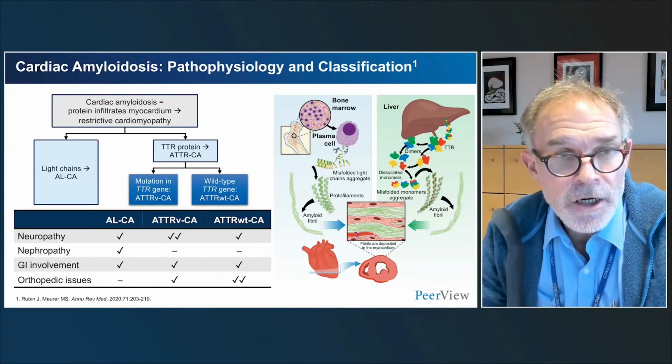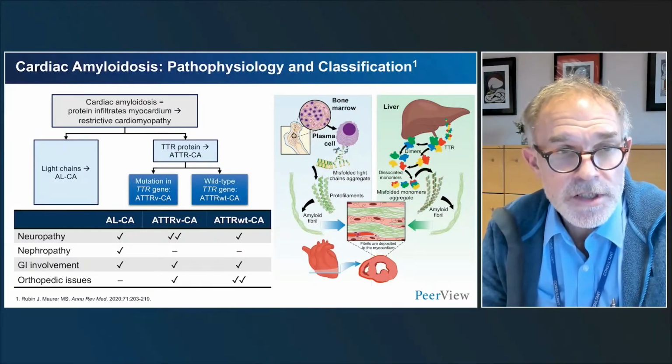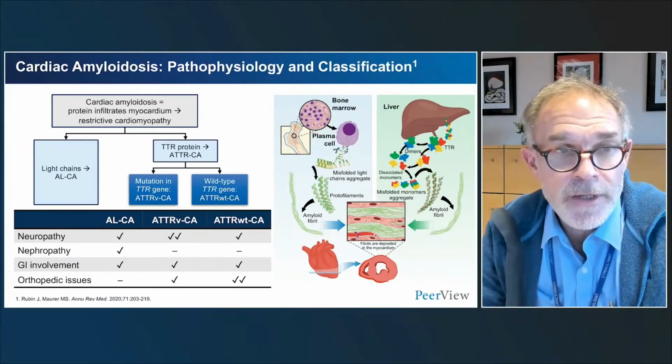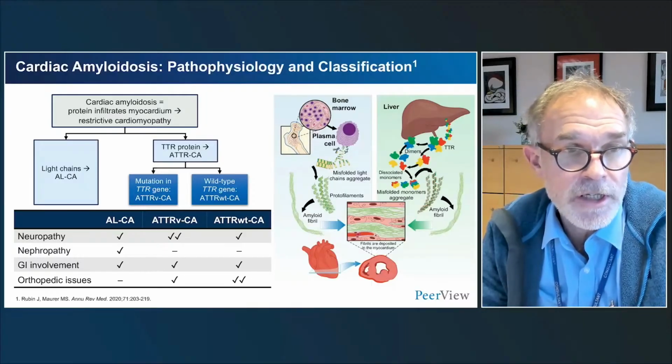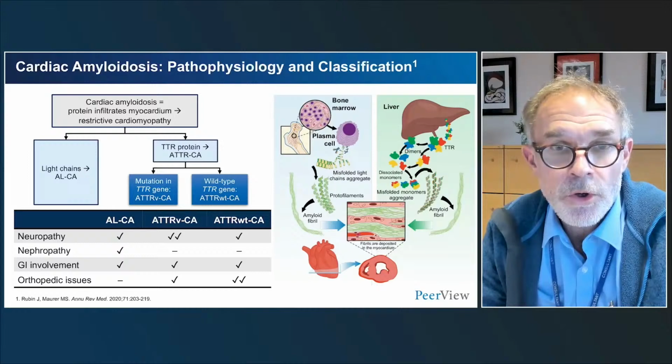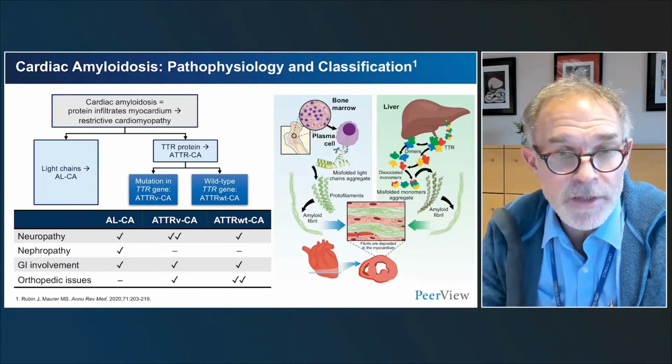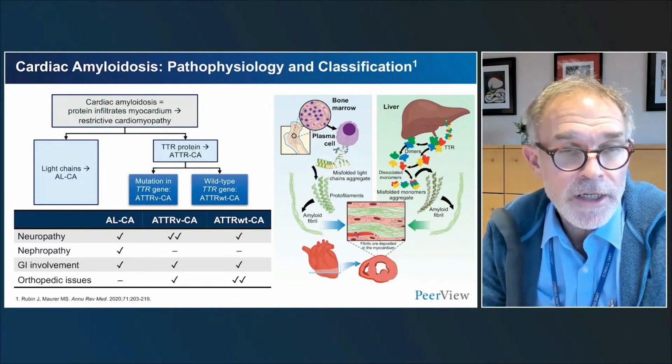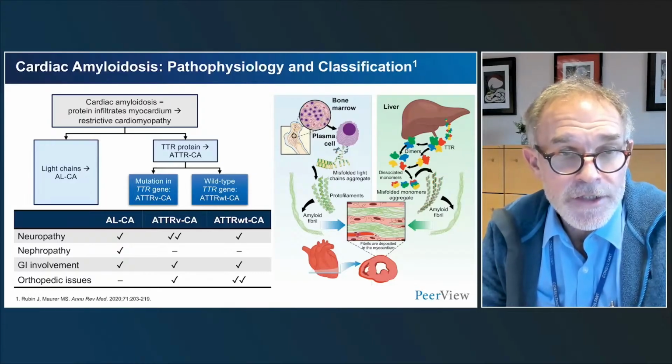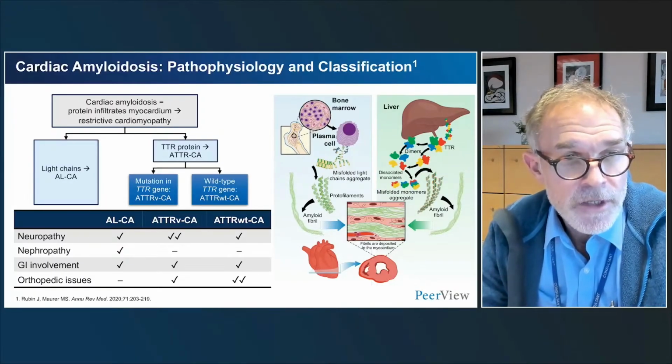In ATTR amyloidosis, in which the TTR protein is the amyloid fibril, that protein may be mutated, and that's hereditary or variant ATTR amyloidosis, or it may be what we call wild type, in other words, with a normal sequence, and that's generally age-related.